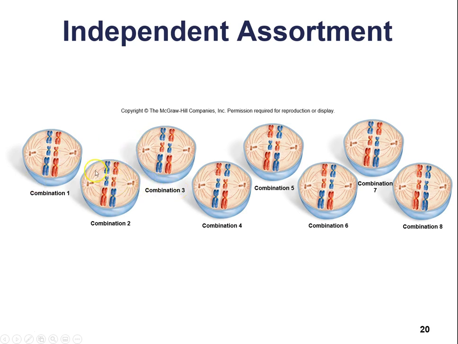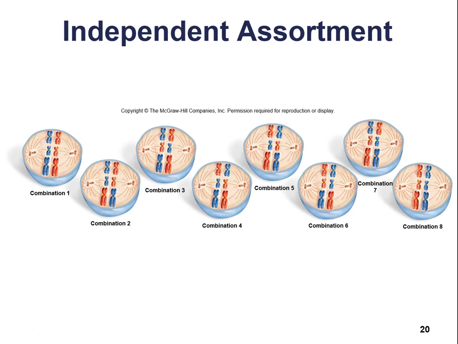I'm not going to go through every single combination, but you can look at them, and each one will produce slightly different daughter cells in terms of whether they got the paternal or the maternal copy of the chromosomes. Sometimes it might help to draw this out. Usually I will do this on the board.